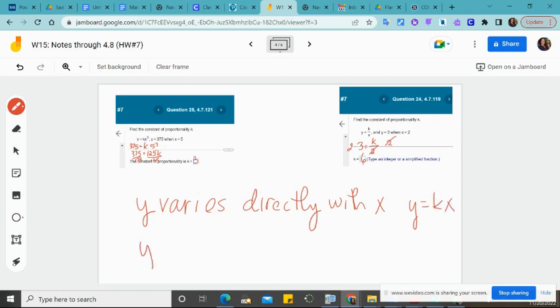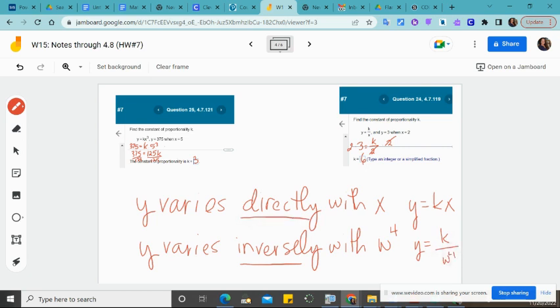If they say y varies inversely with x squared or x cubed, or w to the fourth, whatever they say, the word inversely means you're going to divide, k divided by whatever's next.